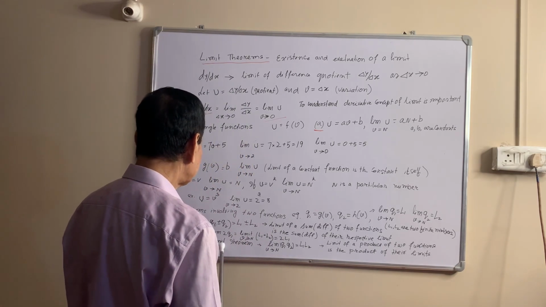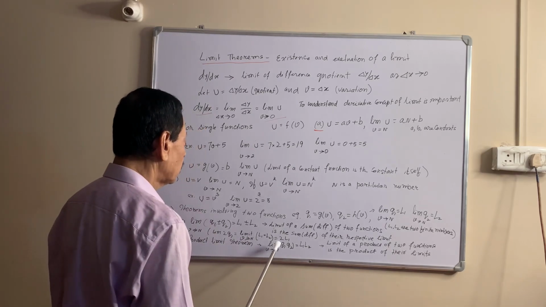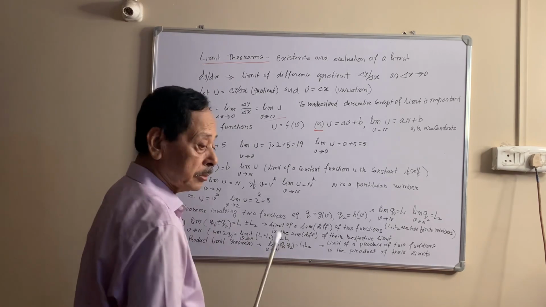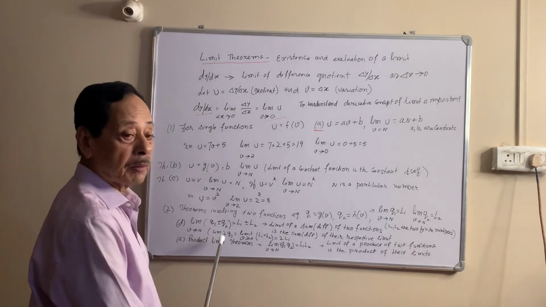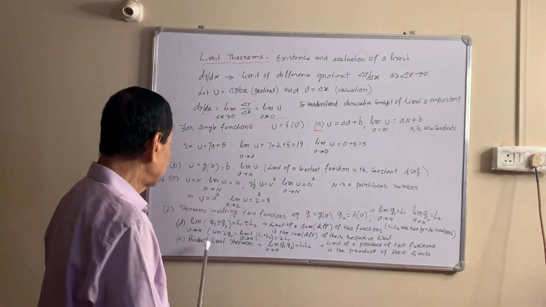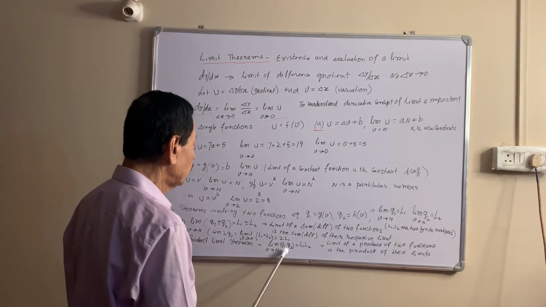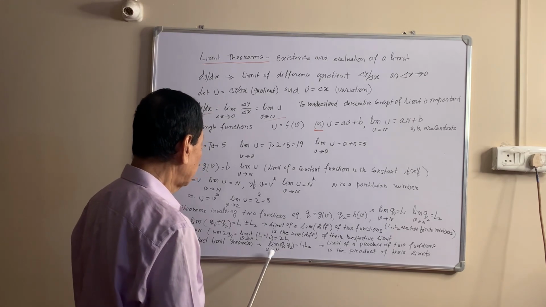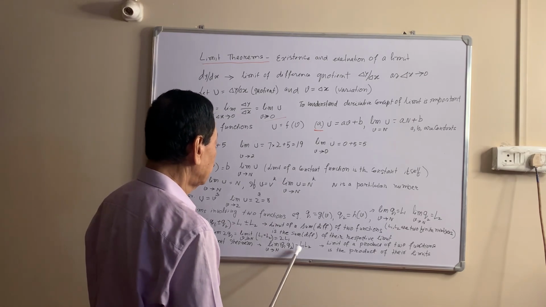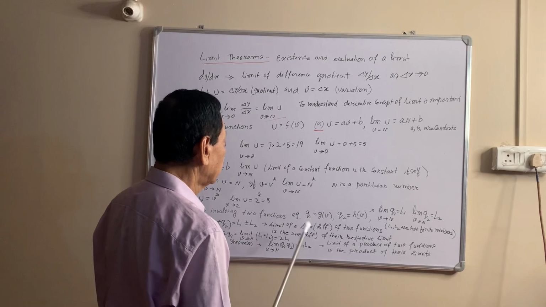Then the product limit theorem. So the limit of q1 into q2. Earlier we had q1 plus or minus q2, but here it is the product, the limit of q1 into q2 when v tends to n, which is L1 into L2.